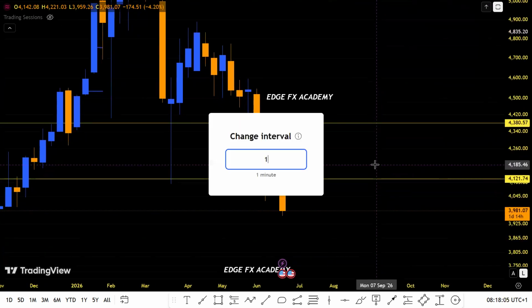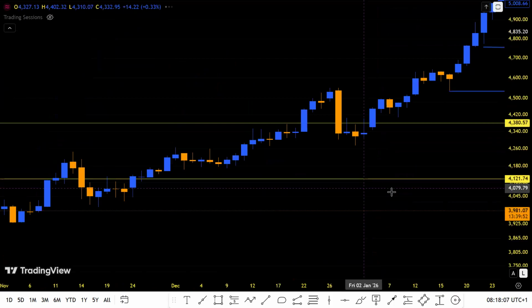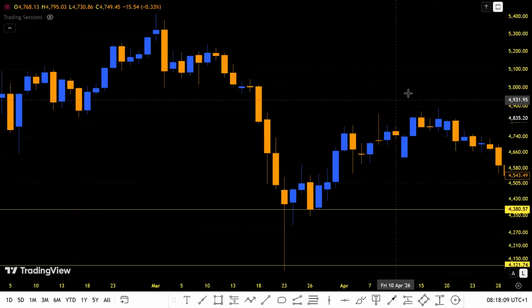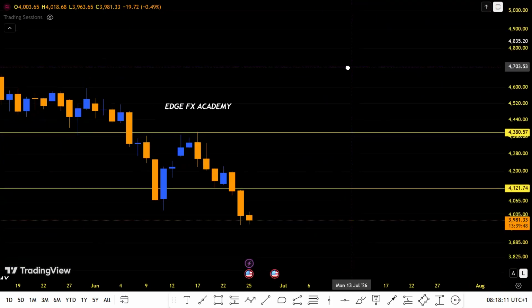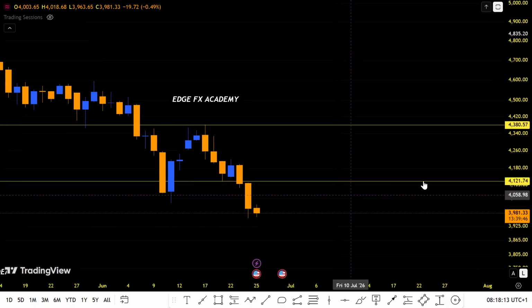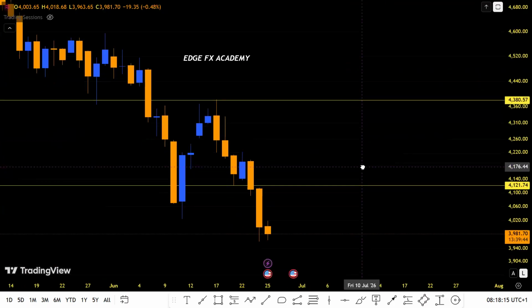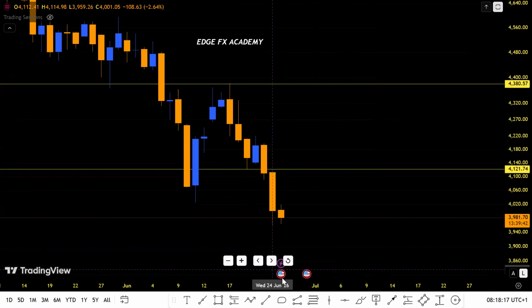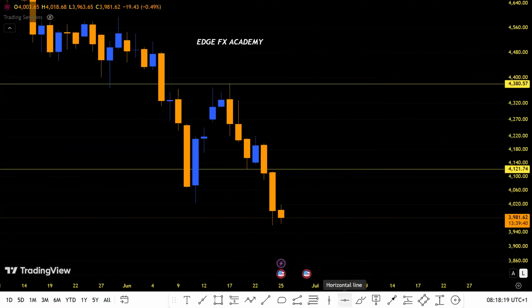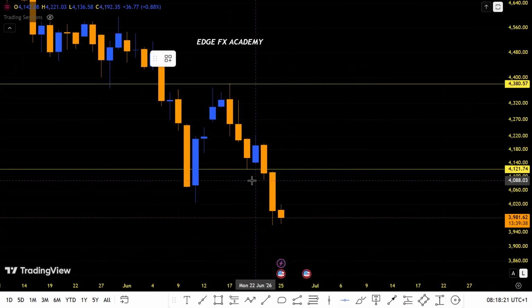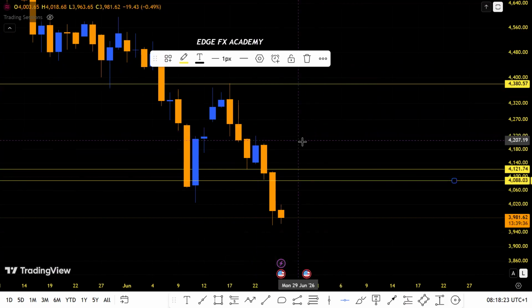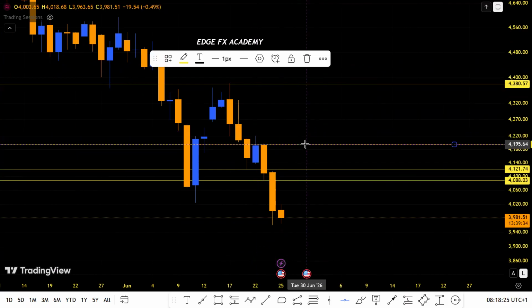Nothing more. I go to the daily. So I want to see the high and the low of yesterday. That's what I want to see on the daily. Nothing more. I just want to quickly map it out because these are the only key zones I map out on the daily and on the weekly.